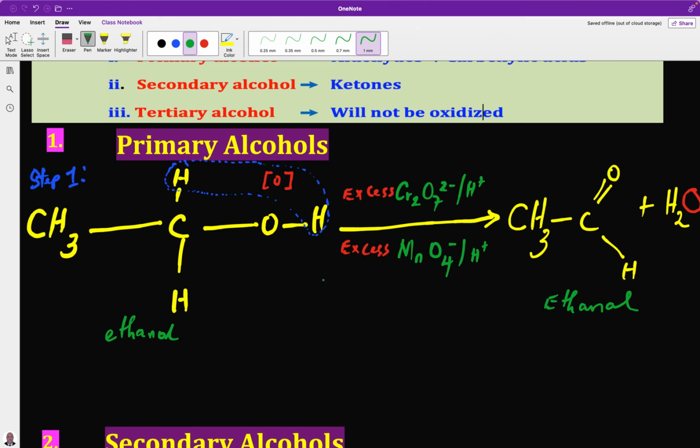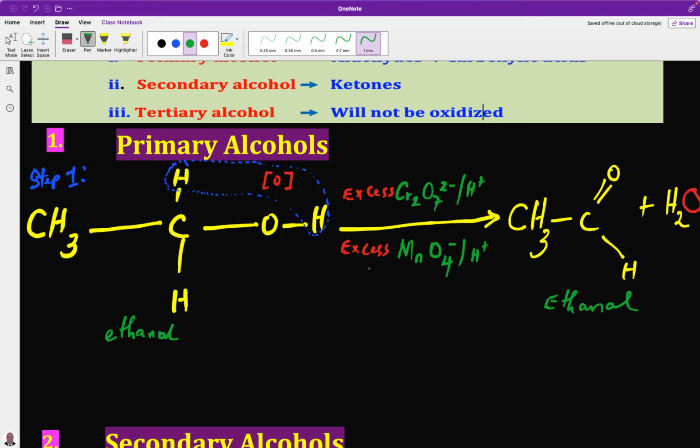The purple manganate 7 ion will be reduced to colorless manganese 2 ions. So what you will see is that the purple color in the test tube will change to colorless, signifying that the manganate 7 ions have been reduced to colorless manganese 2 ions.